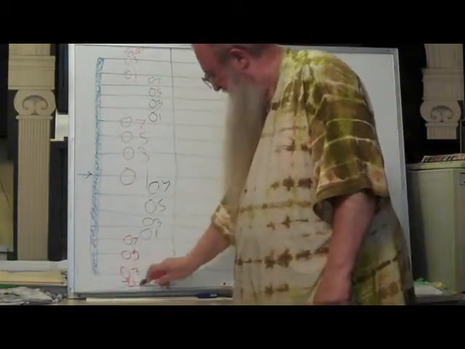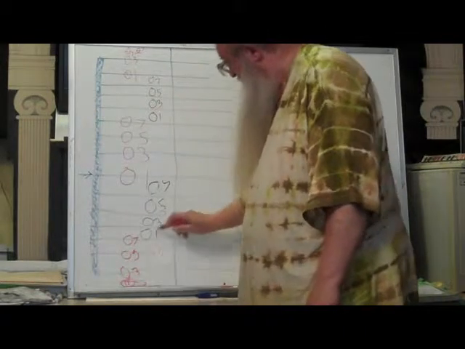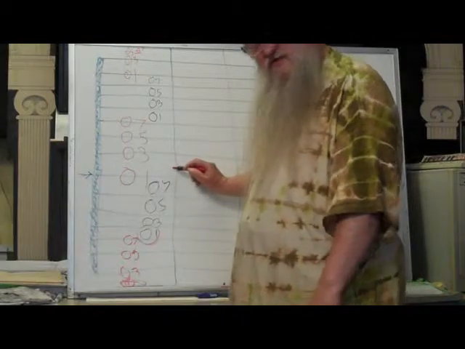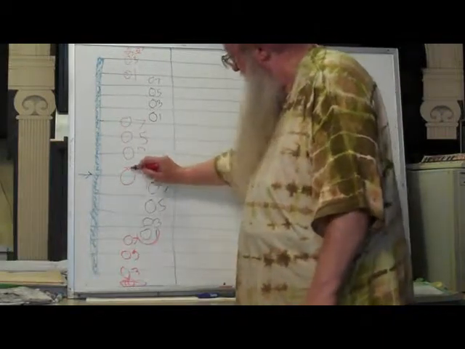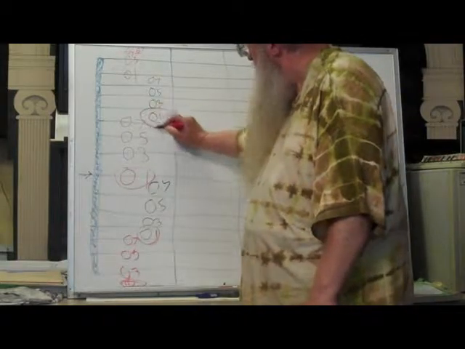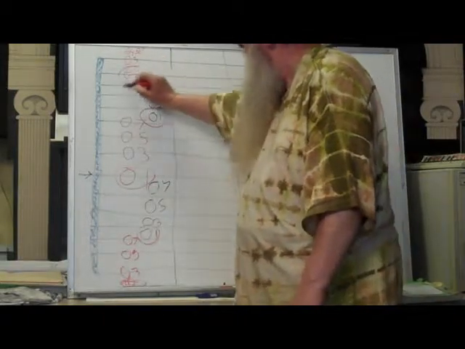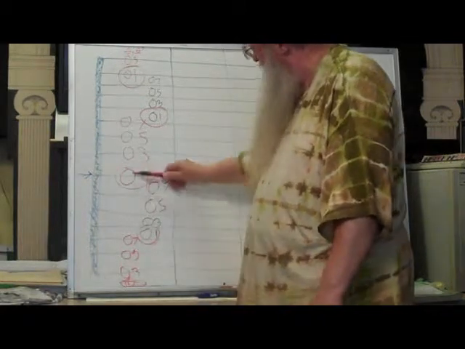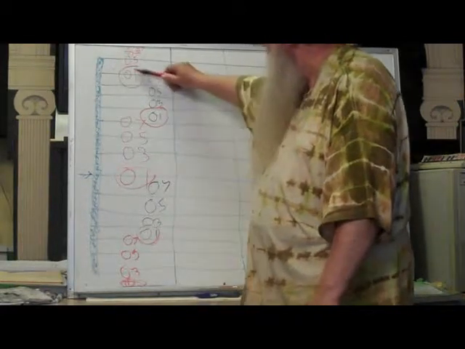If 1 starts on a line down here, then when it gets here it becomes a space, and all the spaces become odd numbers. Then when it gets here, it goes back to a line. Then it continues up and goes to the space, and continues up and goes to the line. So the number 1 goes line, space, line, space, line.